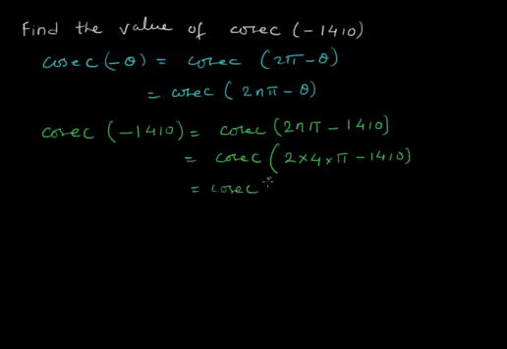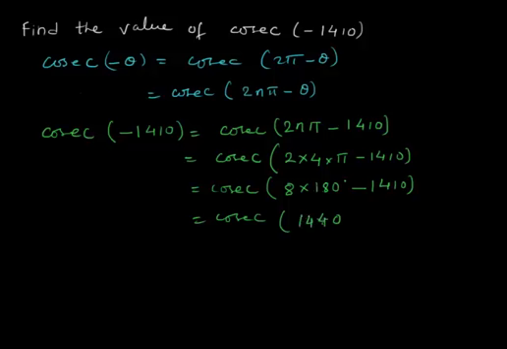It equals cosec(8π - 1410). Pi is nothing but 180 degrees, so 8 times 180 is 1440.